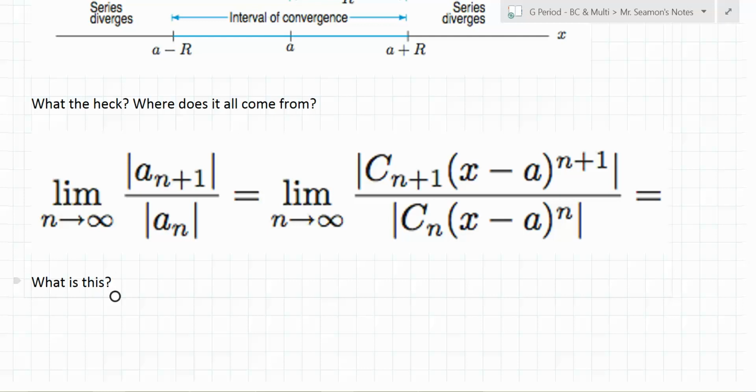This is what we're going to be doing. You're going to be taking the n plus 1 term, absolute value of that, and you're going to be dividing it by the general form for the nth term, and you're going to be doing the limit as n goes to infinity and seeing what the limit comes out to. That's all this says.